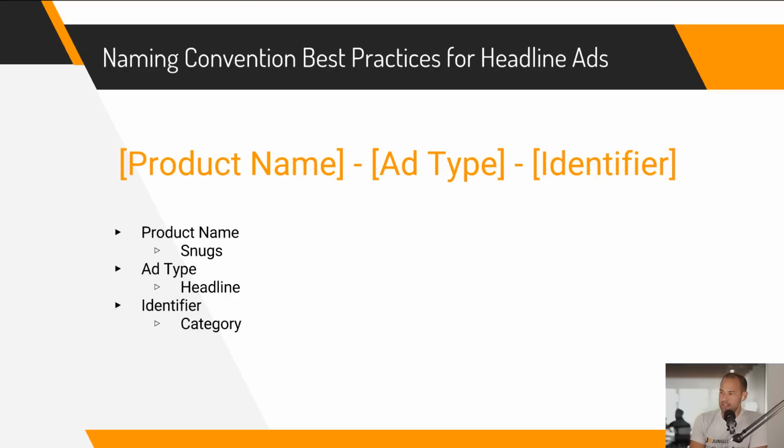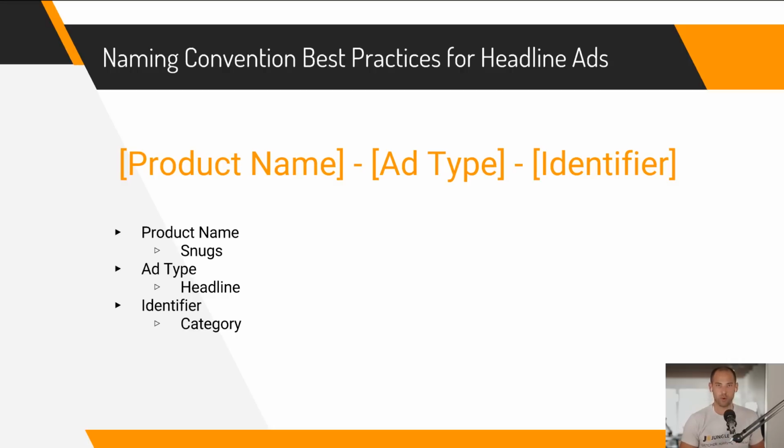Real quick, you'll be thankful that you do this if one day you have a whole bunch of products, or hopefully you already do. It's best practice to get in a good naming convention when you create these, because after a while you'll have a ton of these headline ads, and it can get pretty confusing if you don't include the product name or number or SKU or anything like that.